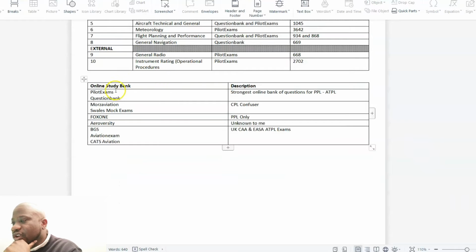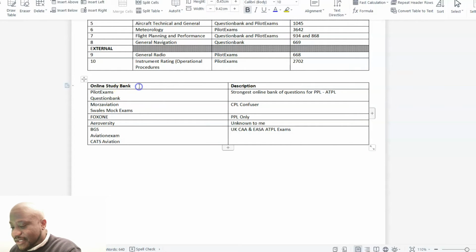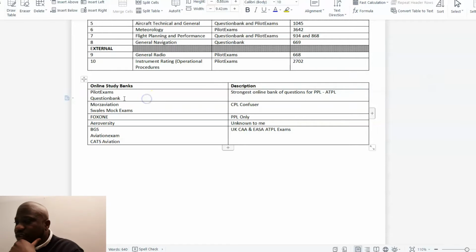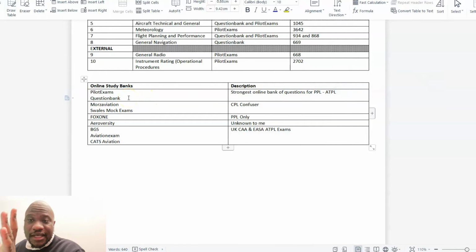The online study bank or banks, as you can see here, I've put at the top Pilot Exams and Question Bank. These, to me, are the strongest online banks of questions available if you're doing PPL all the way up to ATPL. I used these two throughout my entire exams. Or let me put it more accurately, when I found out about them, I started to use these two.